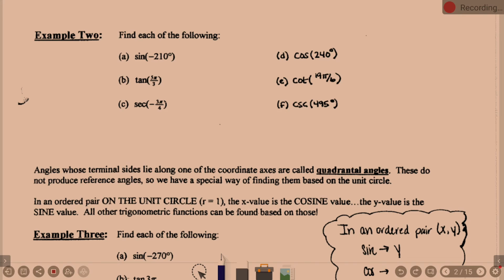And here's the deal. Can you guys visualize where negative 210 is? If you can visualize where negative 210 is, you can go from there. I'll do a picture here that I'll end up erasing probably. This is not the way I usually teach this, but we can do it.